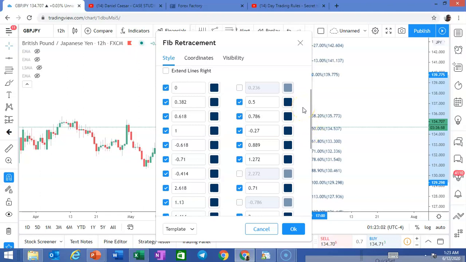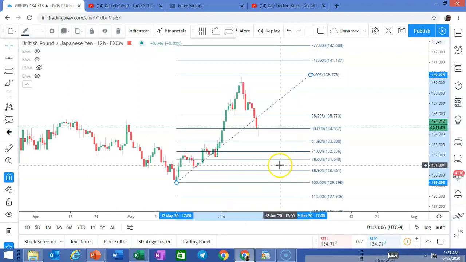And the most significant are displayed here: the 38, the 50, the 61, the 71, the 78, and the 88. These are my friends right here.